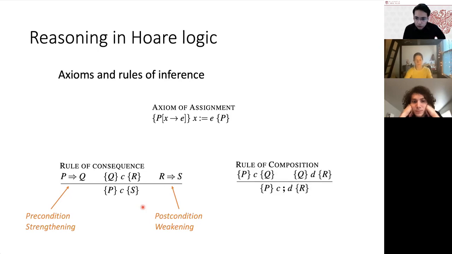So moving on, another very interesting and useful rule is the rule of composition, also called the rule of sequencing, where you have two commands C and D. They individually have these triples around them. And notice that the post condition Q here is the same as the precondition of D here. If that's the case, we can reason about the sequential composition of these two programs like this. You can use the precondition of the first command as the precondition of the whole program, and the post condition of the second command as the post condition of the whole program.